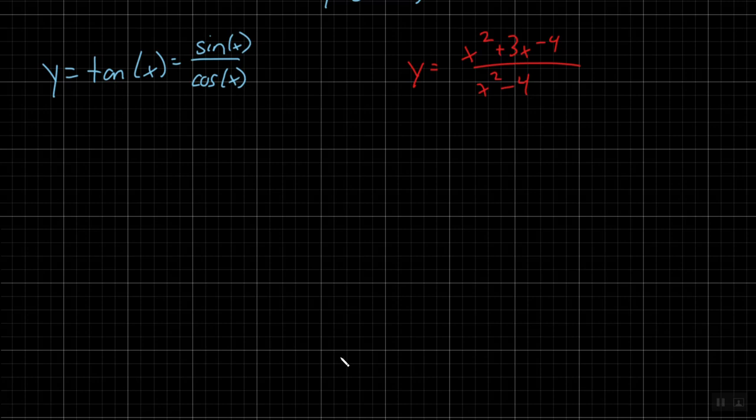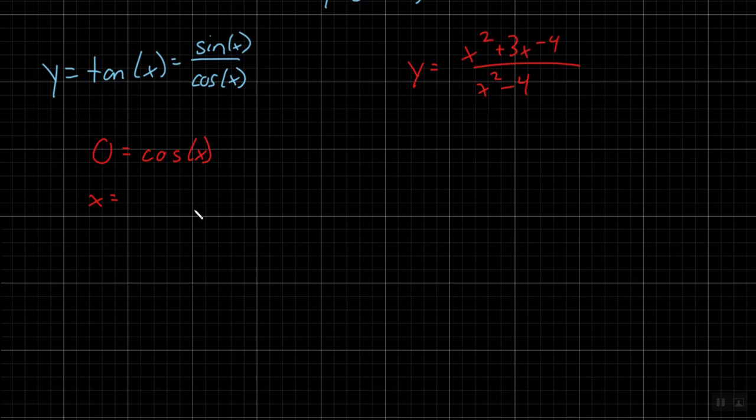In tangent, what is my denominator? Cosine. So cosine of x. Where is cosine x on a unit circle? Where's cosine 0?